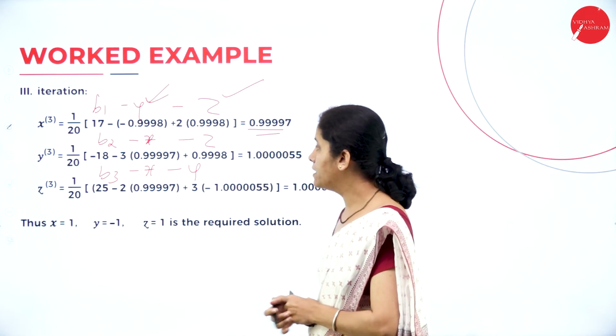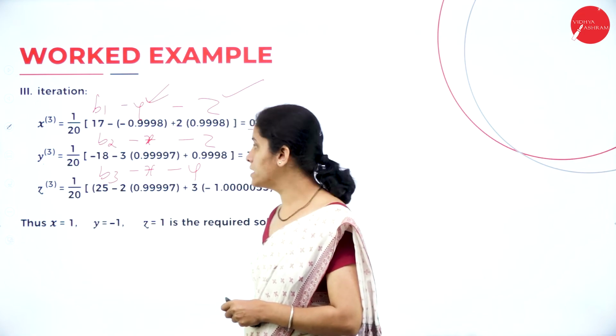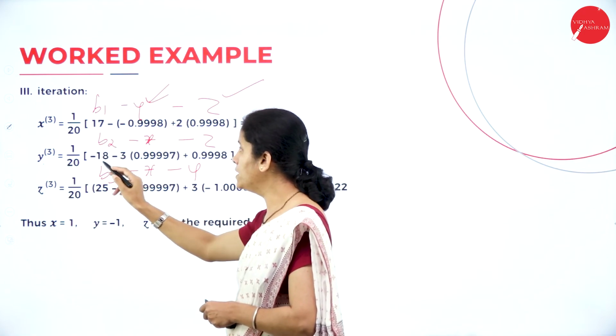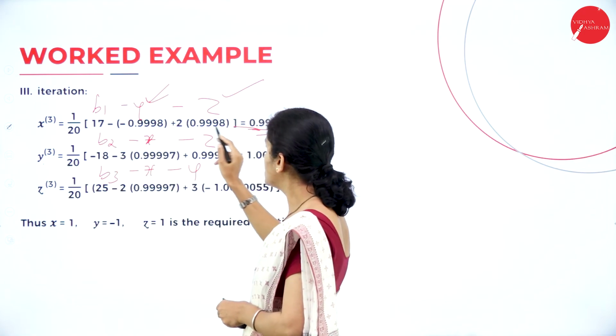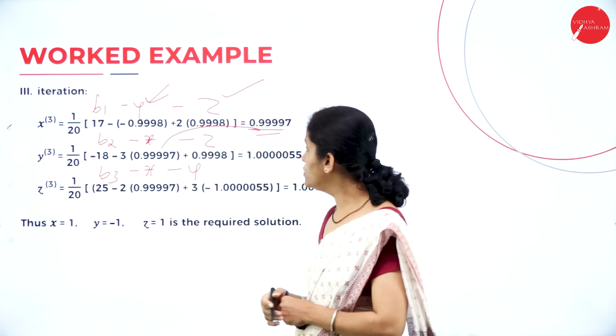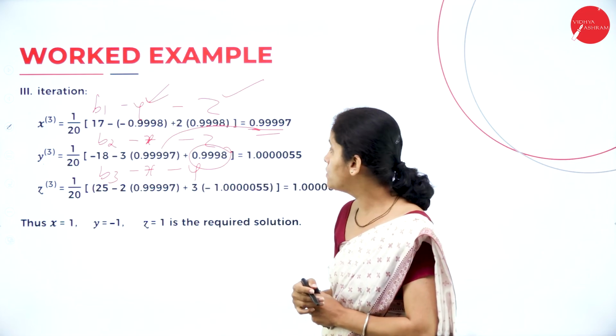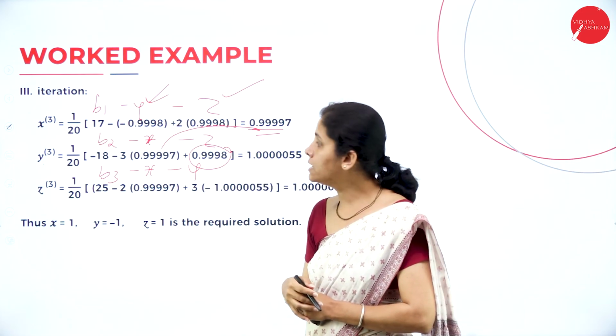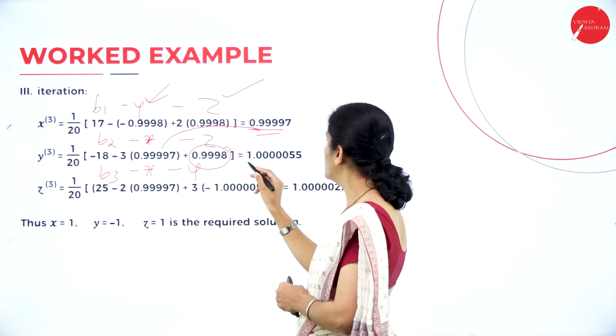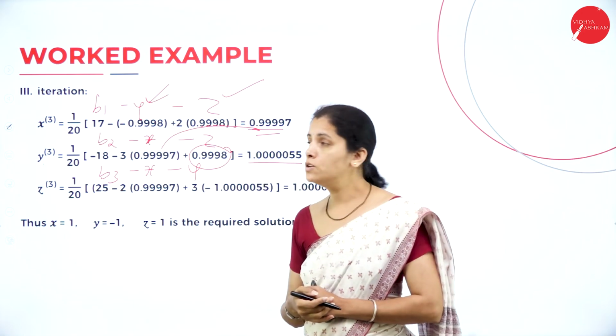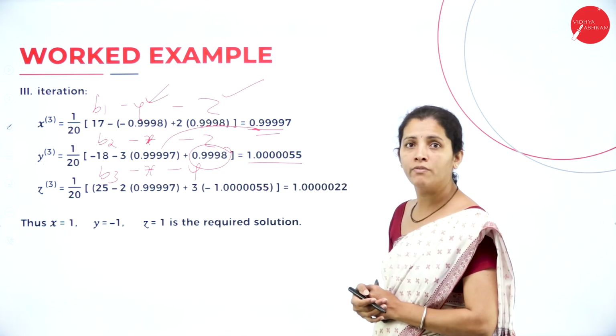0.9997. If I consider y of 3, see here, I have b2 and I have the present x value, and I'm going to consider the previous iteration z value. When I calculate x of 3, I'm going to get 1.000055.